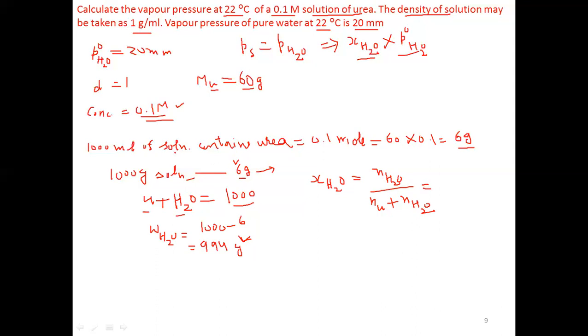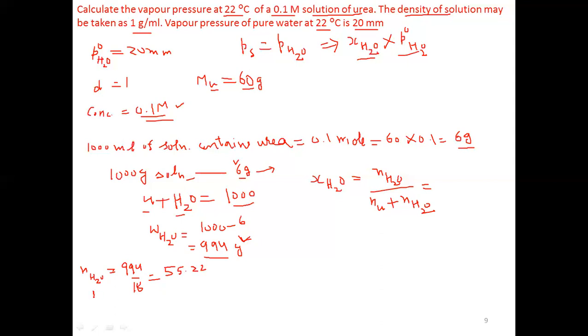The weight of water is 994 gram, so n water is 994 divided by 18, which is 55.22.